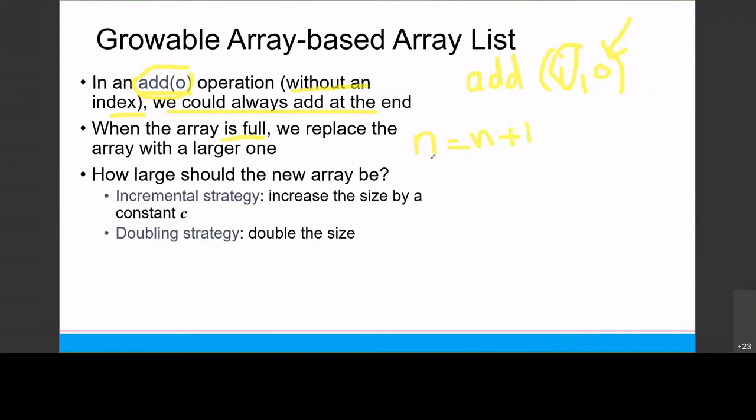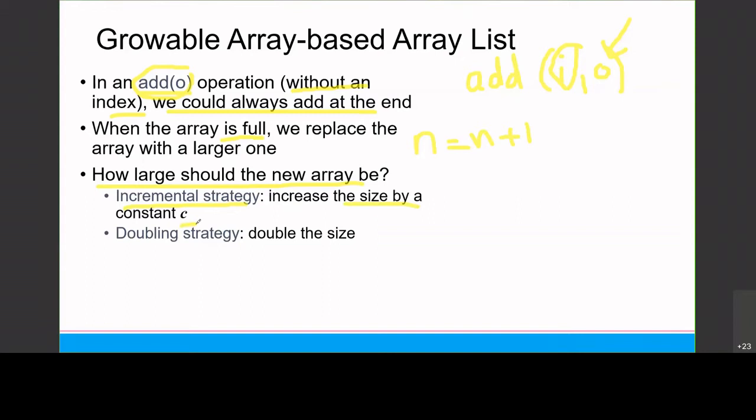So for the increment strategy, there are two. Are you sure that adding by one is good or efficient? The incremental strategy is to increase the size by a constant c.